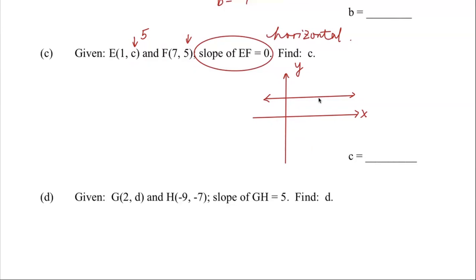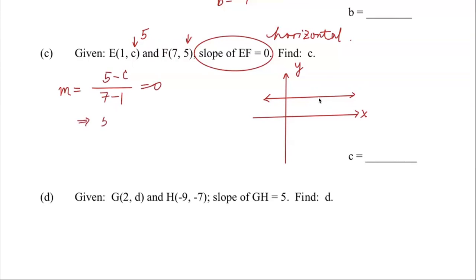But how do we solve this using the traditional way? m is equal to (5 minus c) over (7 minus 1), and we know that this is equal to 0, because the slope is equal to 0.